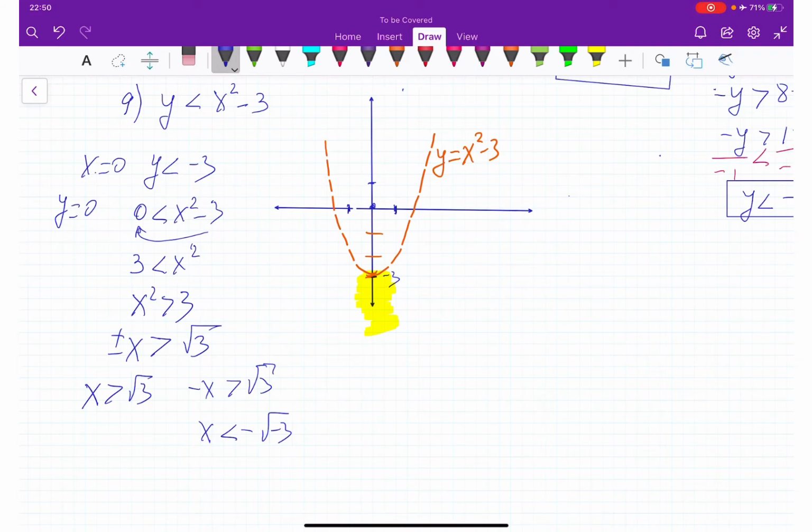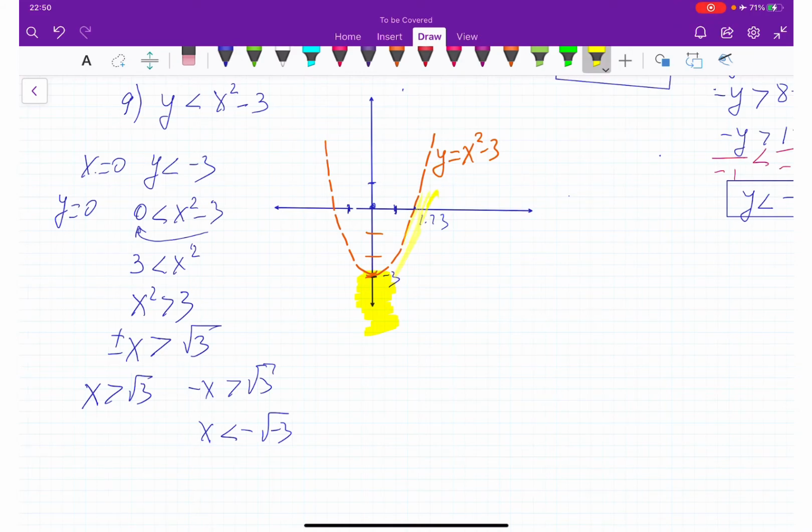If this is my square root of 3, how much is square root of 3 anyway? Let me see. It's 1.73. So this point is going to be 1.73. So it's going to be greater than 1.73 and less than negative 1.73.